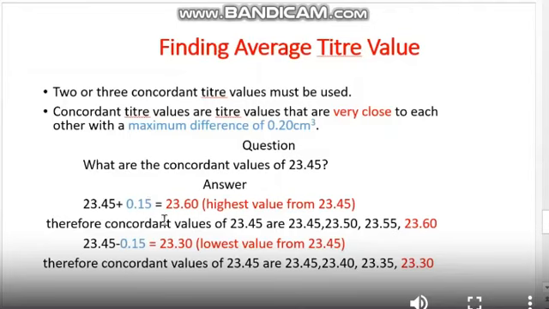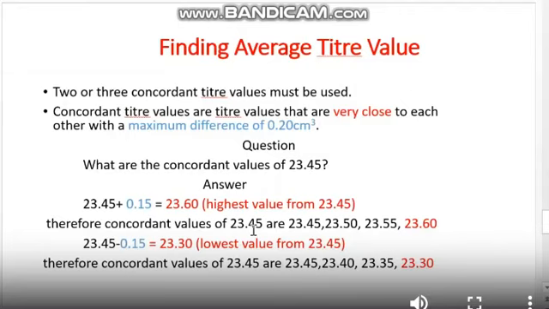You stop, because that is what the highest value says when you are going towards the increasing side. So by going towards the increasing side, we have gotten 4 concordant values, which are 23.45, 23.50, 23.55, and 23.60, which is the highest value.